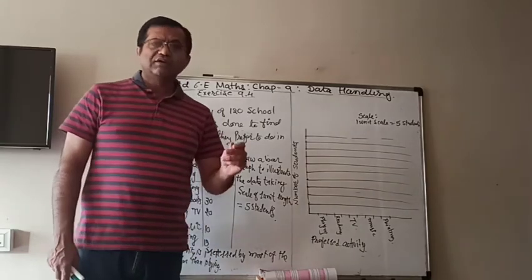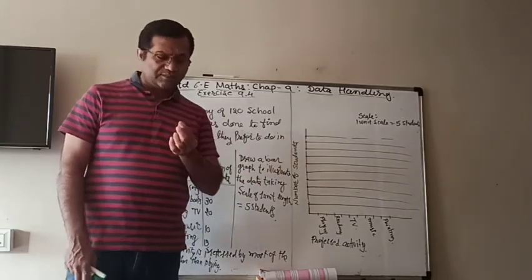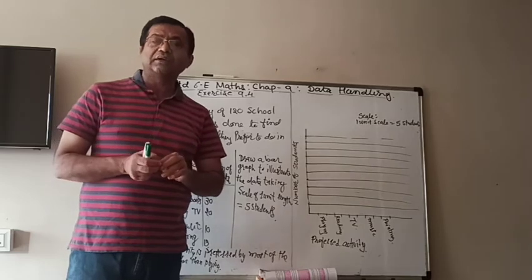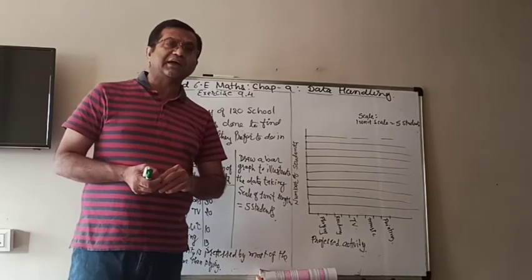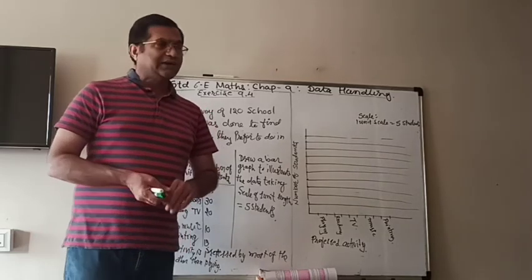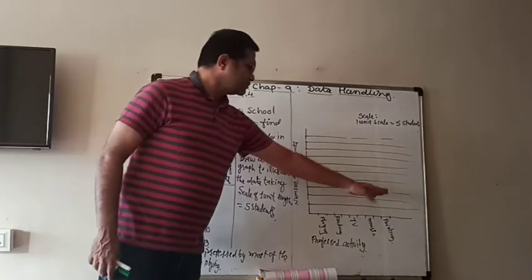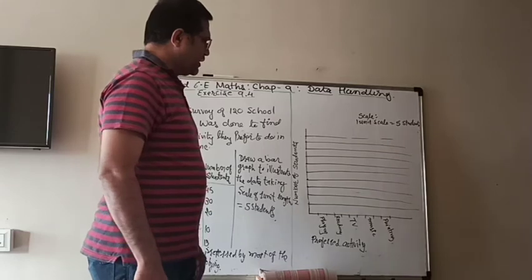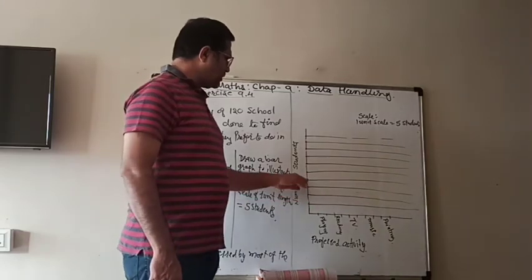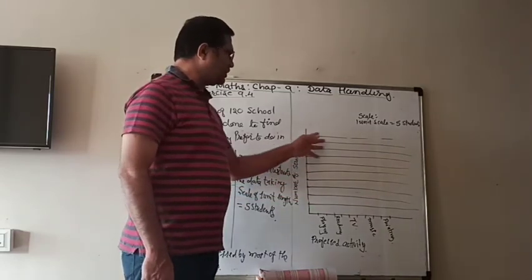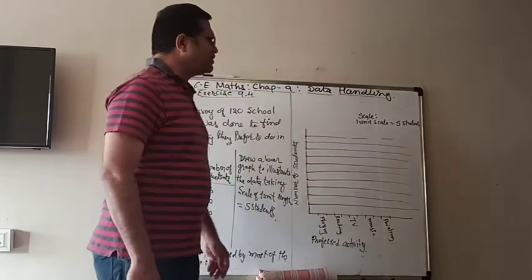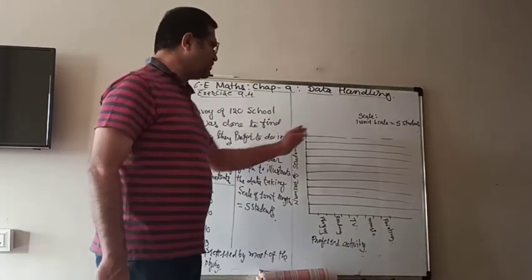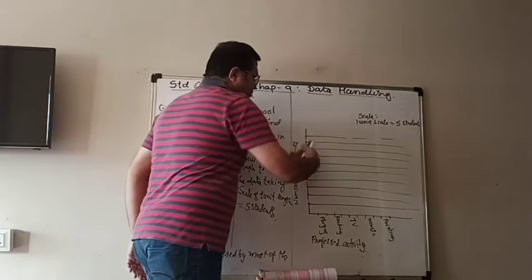So now we will represent this data on graph paper as a bar graph. Now I already drew the horizontal and vertical lines here. And then at the same distance I drew lines so that it will be convenient. In your graph book there will be all horizontal and vertical lines.